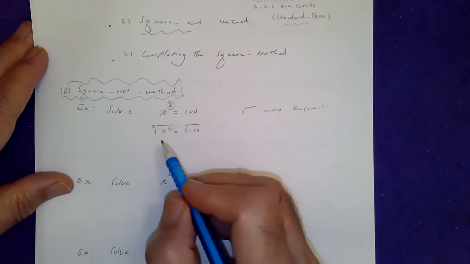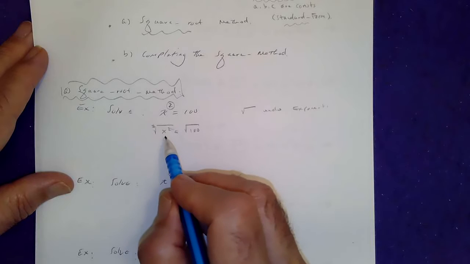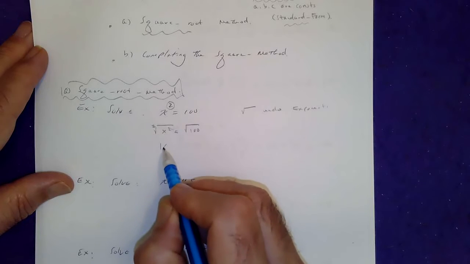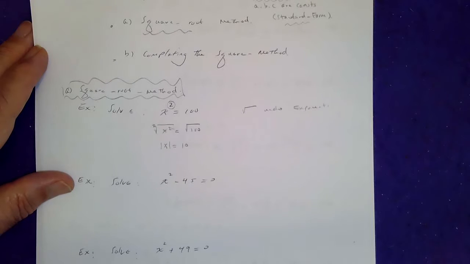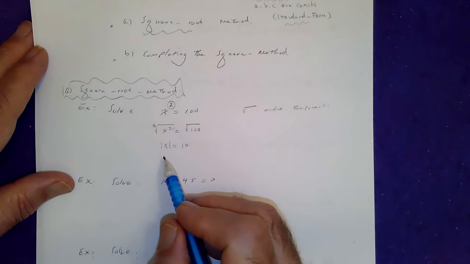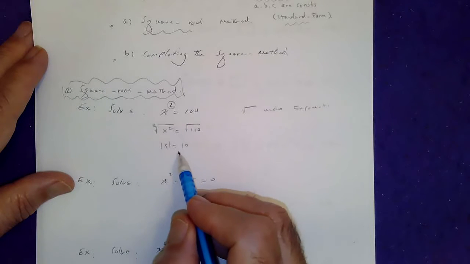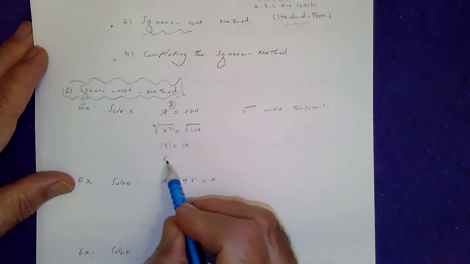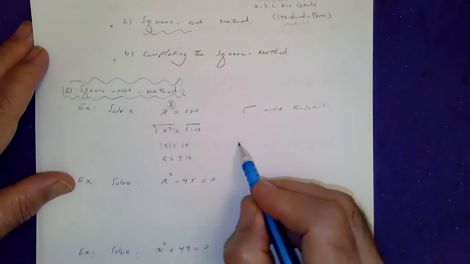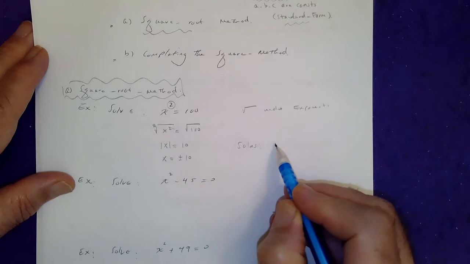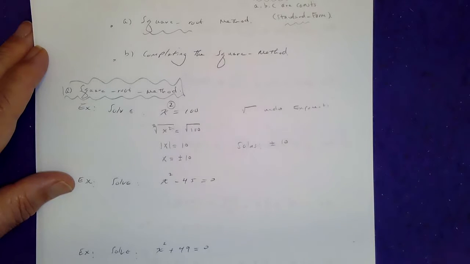These cancel. The only problem is, based on the principle of square root, you don't get x, you get absolute value of x, and this is equal to 10. Remember way back in chapter 2, when an equation has an absolute value, you drop the bars, attach plus or minus. Therefore, the solutions for this first problem are plus or minus 10.